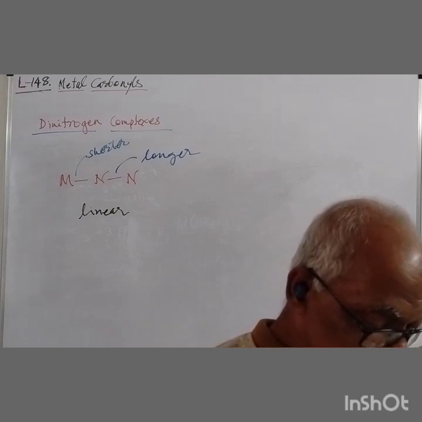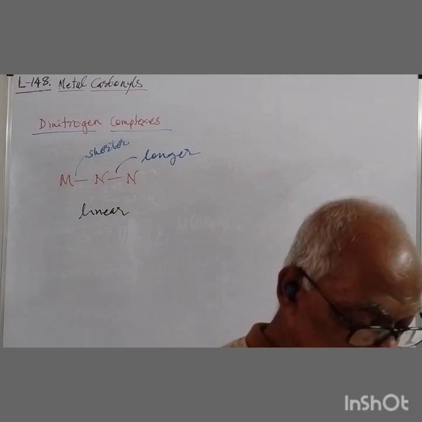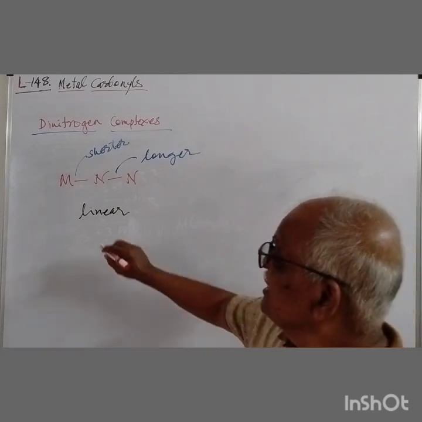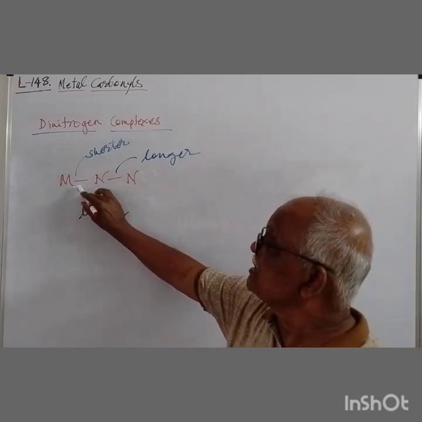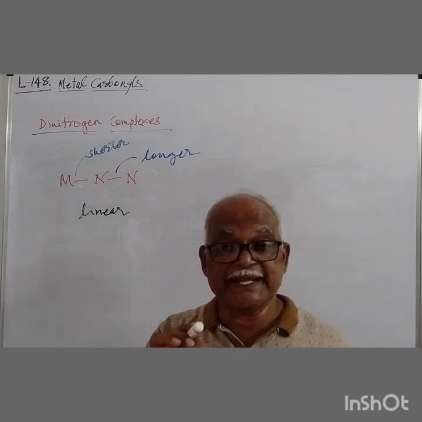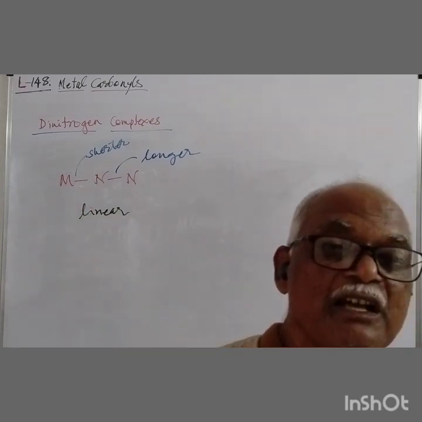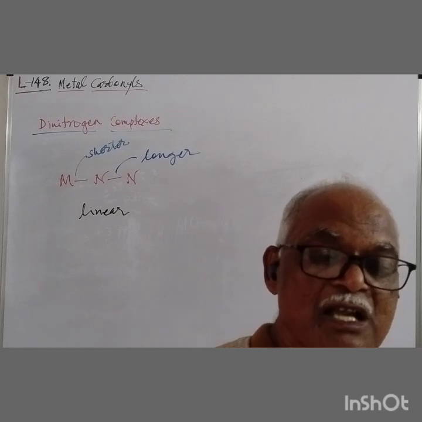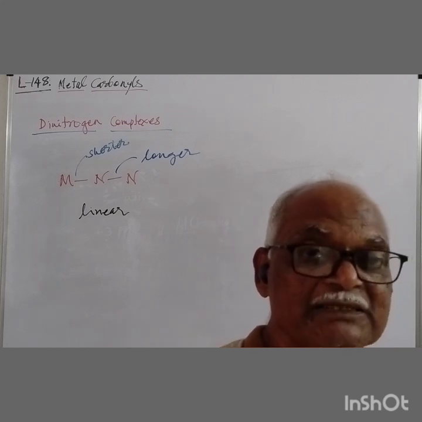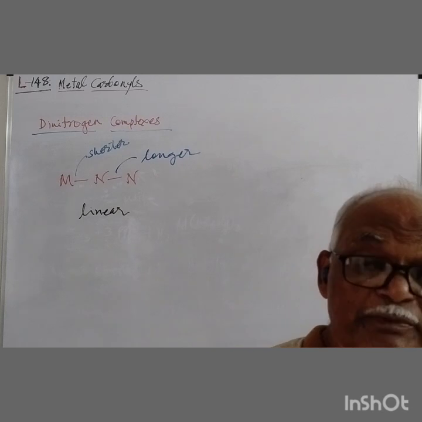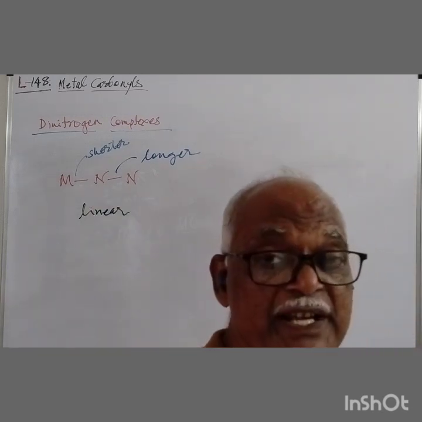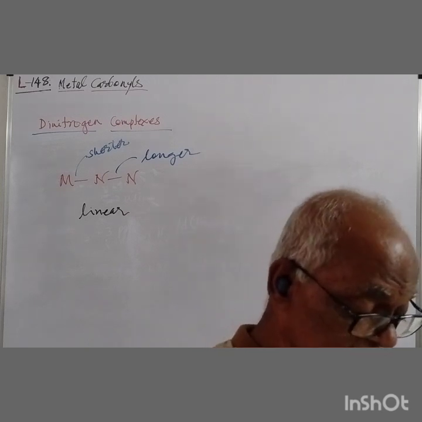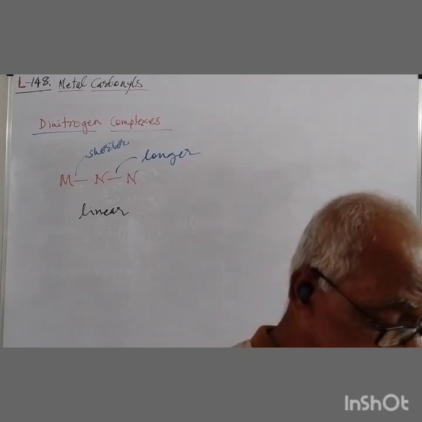Then it is also observed that the shortening of the metal nitrogen bond indicates evidence for the formation of pi bonds, that is, multiple bonds.